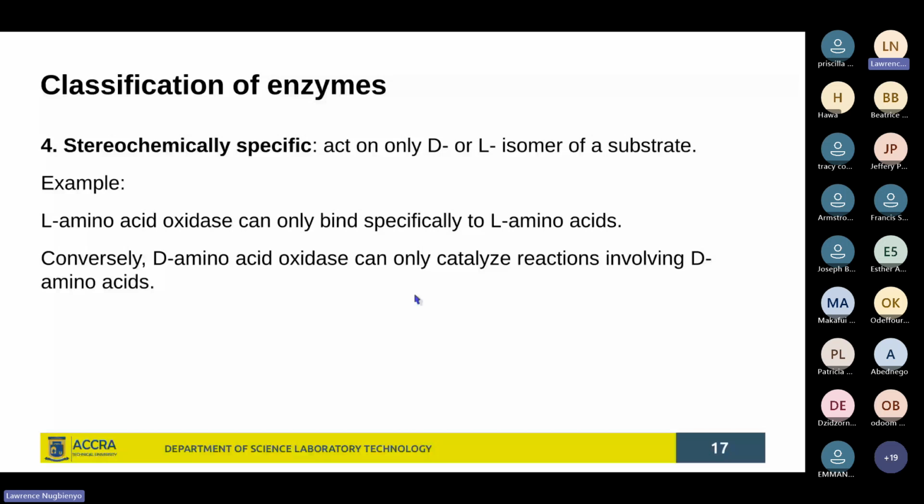Lastly, we looked at stereochemically specific enzymes. We talked of the fact that an enzyme may act on the L isomer of an amino acid, but not on the D isomer. I mentioned that naturally, most amino acids exist in their L isomer forms.